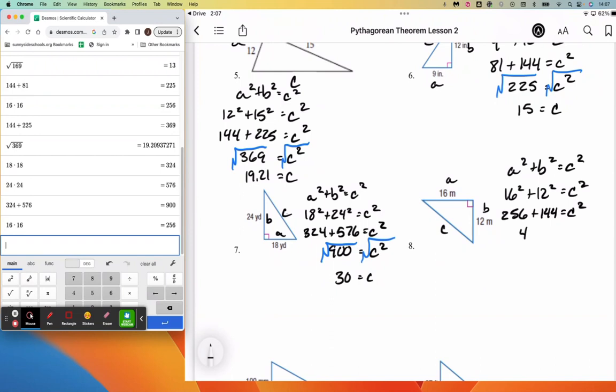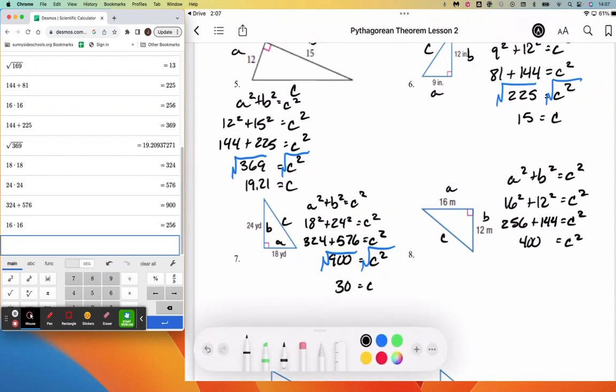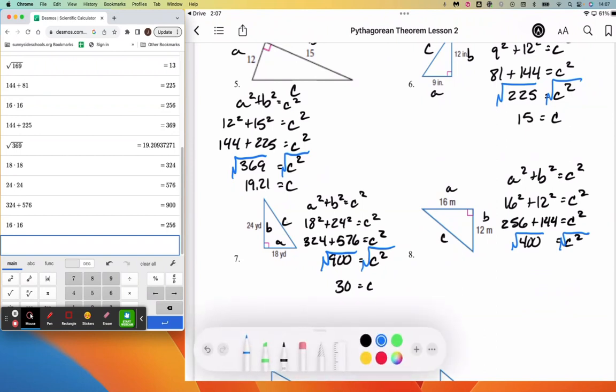That is going to be 400 equals c squared. I feel like we had that one already. Square root of 400 is going to be 20. So the hypotenuse there would be 20.